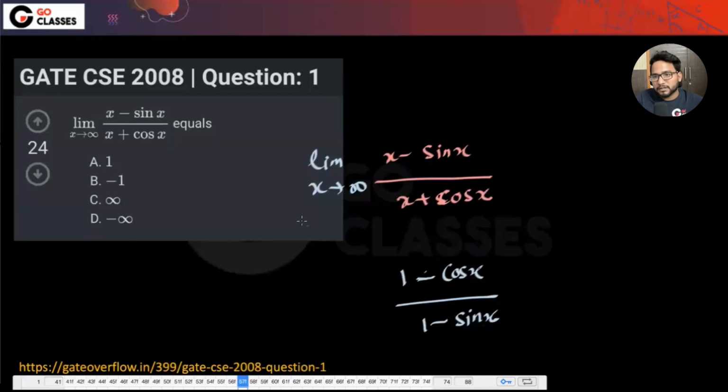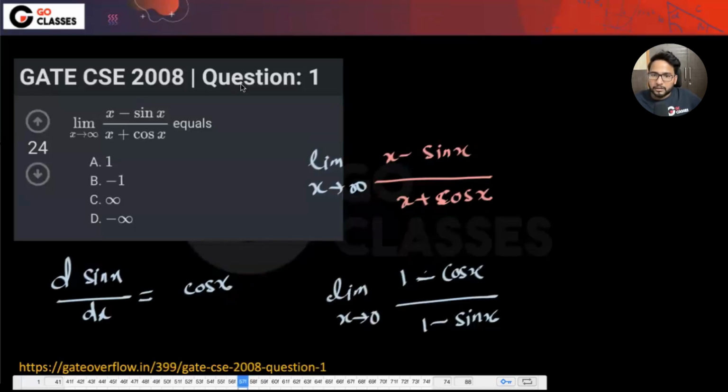How can I forget this? Okay, just tell me this. This is cos x, and cos x is minus sin x, right? Cool. Yeah, that is correct. That's what I'm saying.